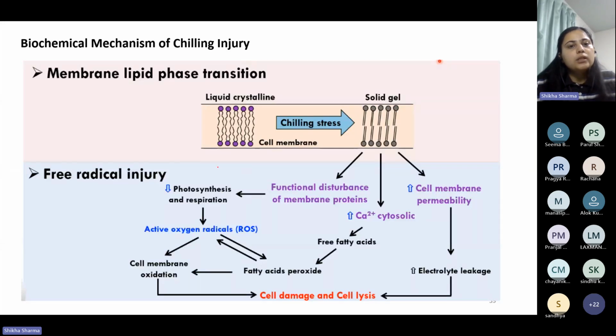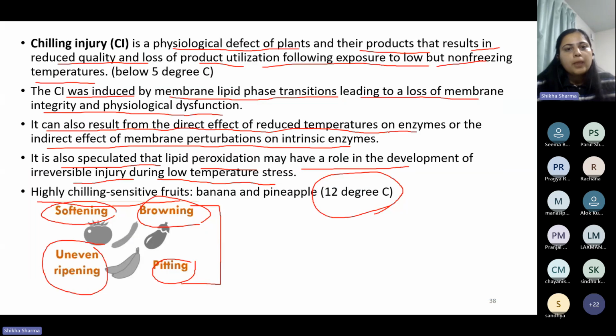So this is the biochemical mechanism of chilling injury. We discussed membrane integrity loss.